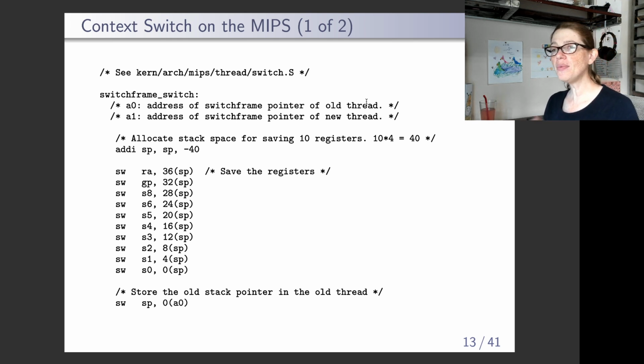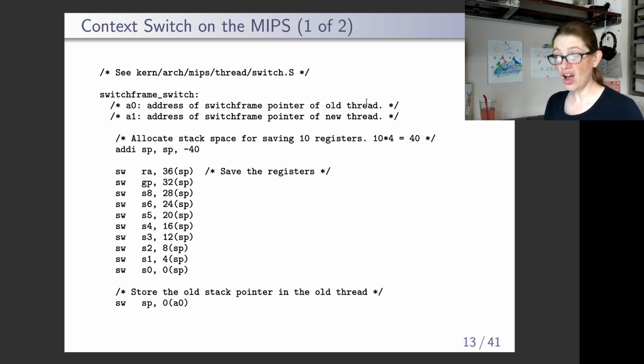Now, why do we need a high level context switch and a low level context switch? Well, the reason is the high level context switch is written in C, which means as per OS/161 and the compiler for its conventions for register use, it will only save and restore the caller save registers.